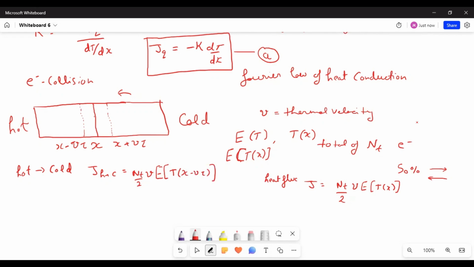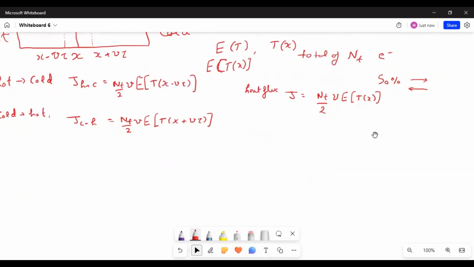Similarly, for cold end to hot end, it will be N by 2, velocity, energy E at x plus v tau, right? Okay, this is expression 1, this is expression 2.